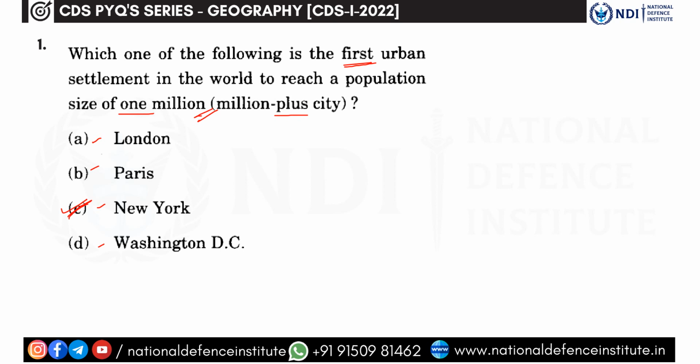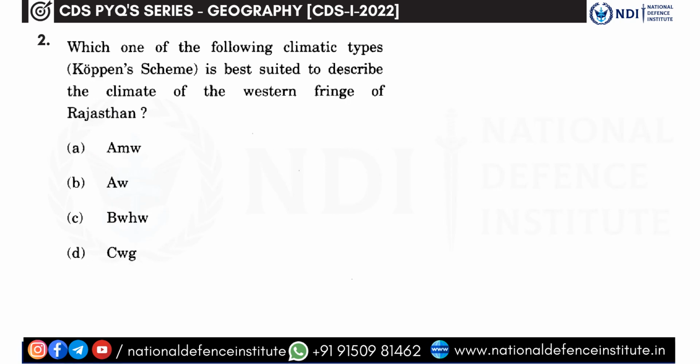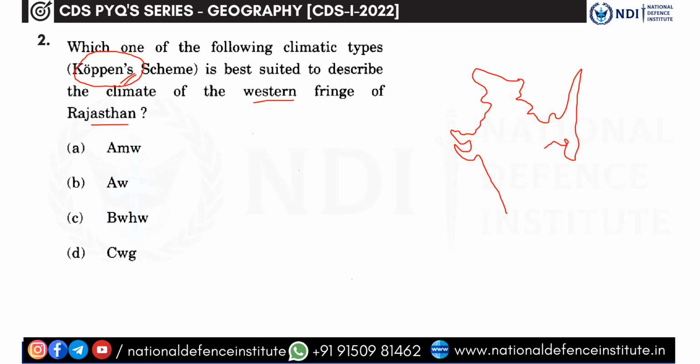All right. Next one: which one of the following climatic types, especially in the Köppen scheme, is best suited to describe the climate of the western fringe of Rajasthan? Köppen was a German climatologist who gave the climate classification. See, with respect to the Köppen scheme, we have the world climates, and typically for India also he has given some classification.